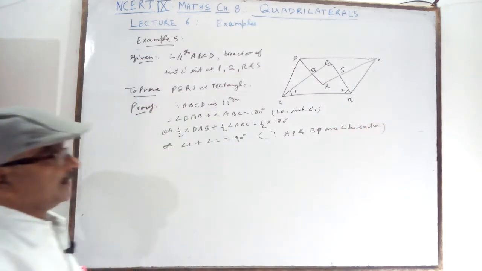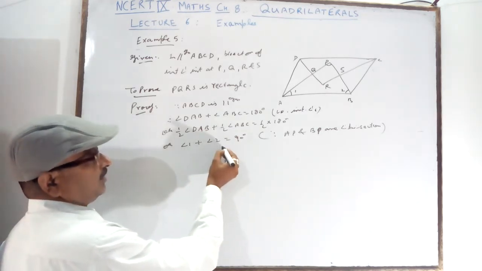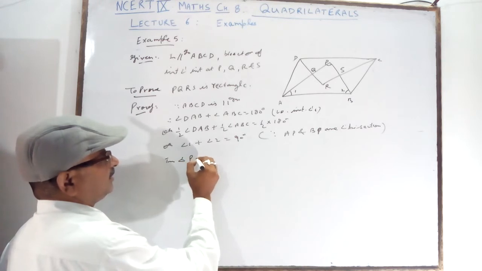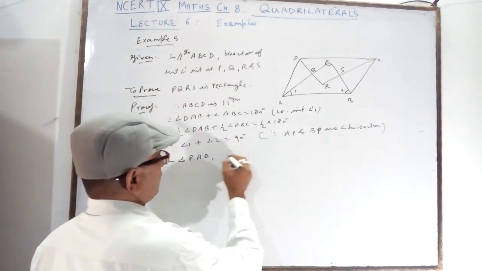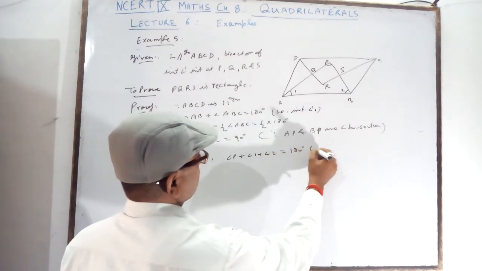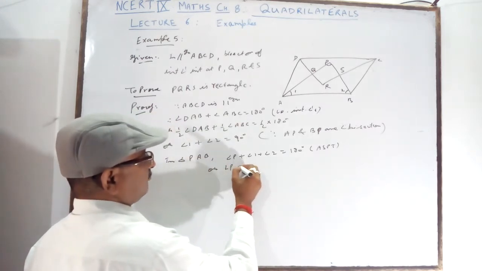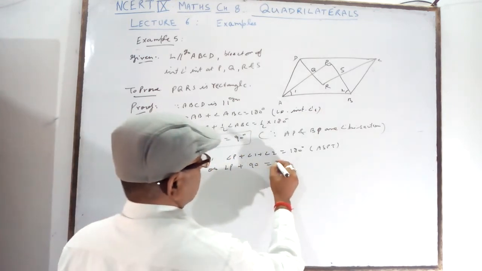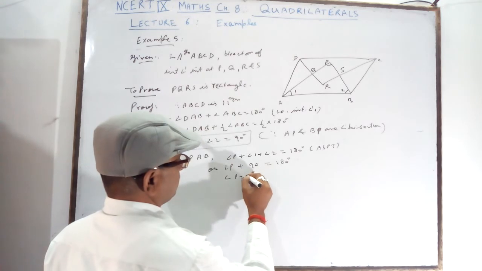It is given that AP and BQ are angle bisectors. Now in triangle PAB, angle P plus angle 1 plus angle 2 is equal to 180, because of the angle sum property of a triangle. So in place of 1 plus 2 you can write 90, so angle P is 90 degrees.